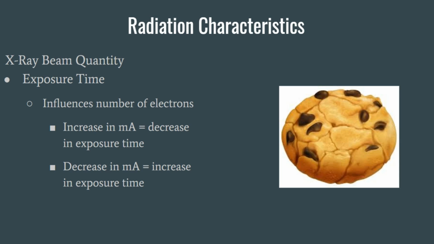But we're short on time for some reason, so you're going to bump it up to 375 degrees. If we bump it up to 375 degrees, think of that as your MA. The degrees is equal to MA in this scenario. If we bump it up to 375 degrees, we need to do what to the amount of time those cookies are left in the oven? We need to decrease it. If we don't, we're going to have a burnt cookie.